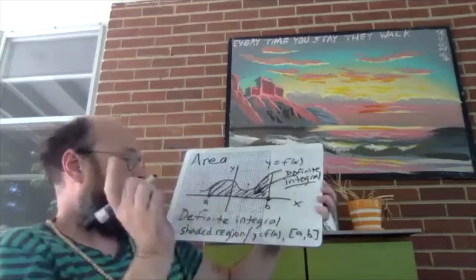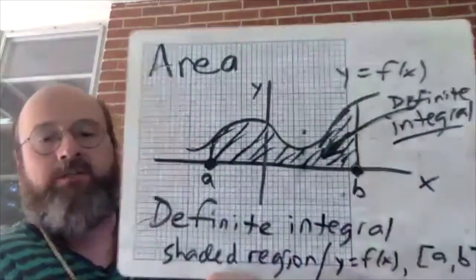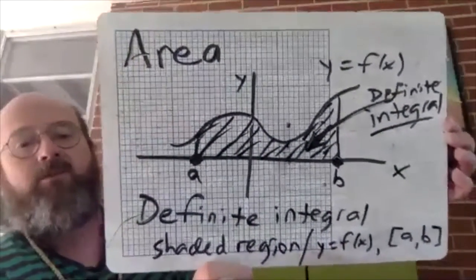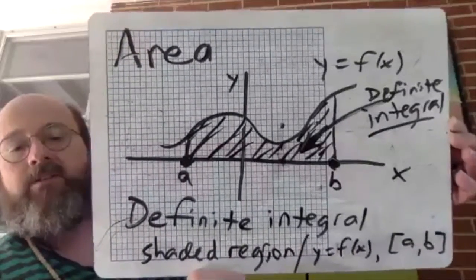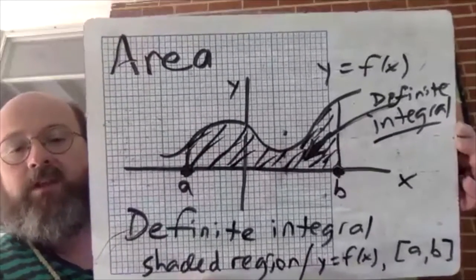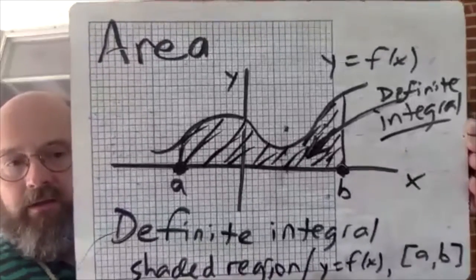Why is it definite? I'll just tell you, it's definite because you're telling me what the endpoints are. You don't tell me the endpoints, I can't give you a definite integral. At that point, it's indefinite what it is. The definite integral is the technical term for the area I've drawn there. All right, that is a definite integral.